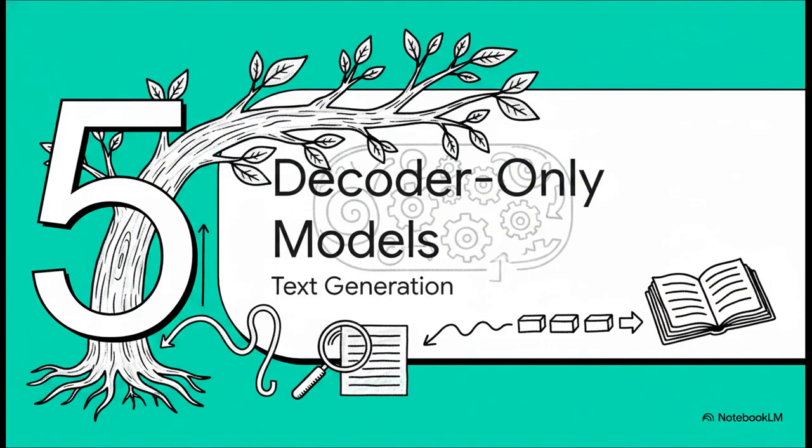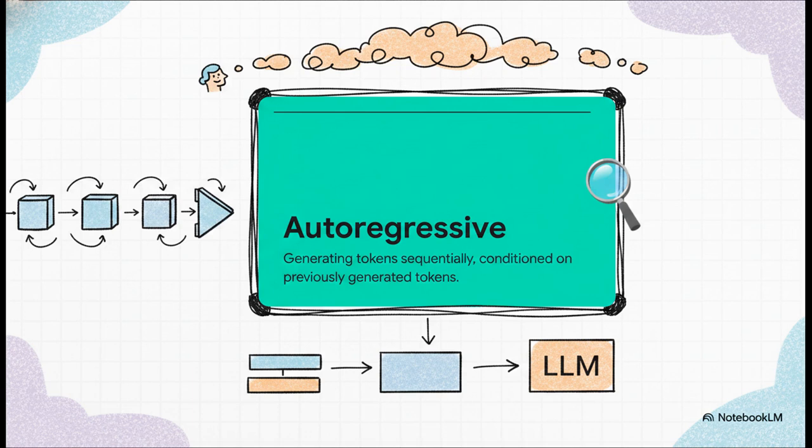Okay, on to our final section, Section 5, Decoders, Autoregressive Text Generation. So up until now, we've really been looking at deep, precise understanding. But now, let's pivot all the way back to the trunk of our evolutionary tree and follow that second massive branch, the decoder-only models.